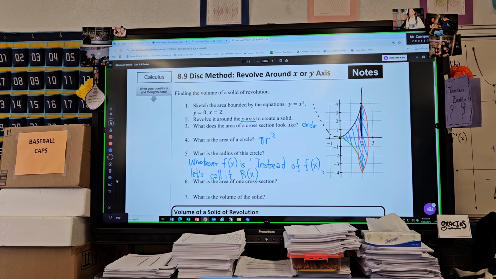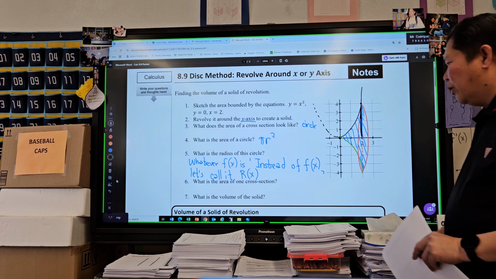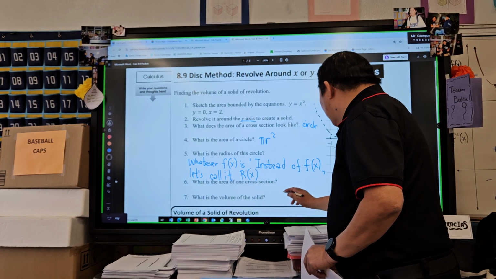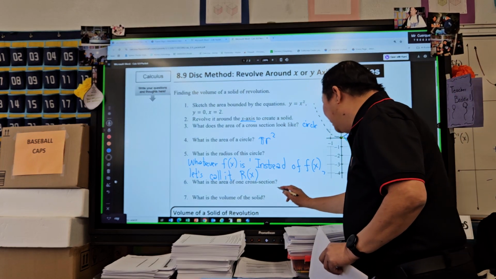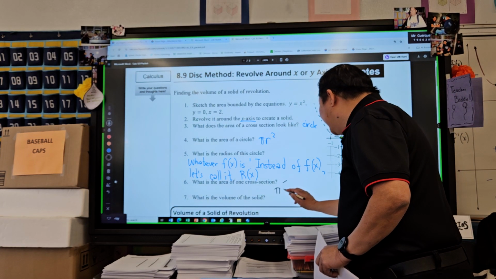So number 6, what is the area of one cross section? As I said, you say pi r squared, right? Therefore, the area of this cross section, the area of a circle, is pi times the radius squared.